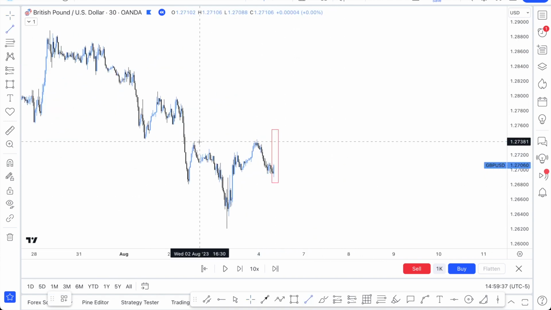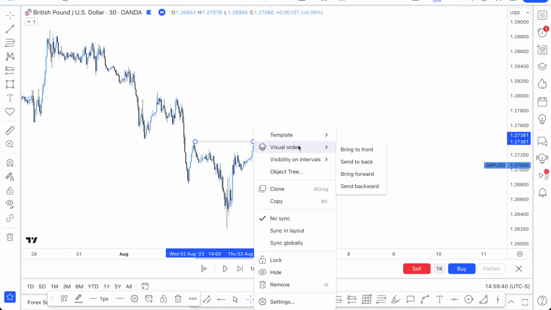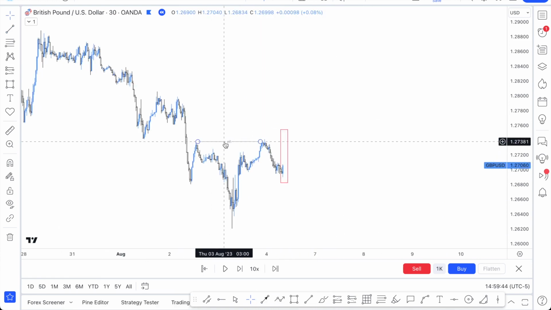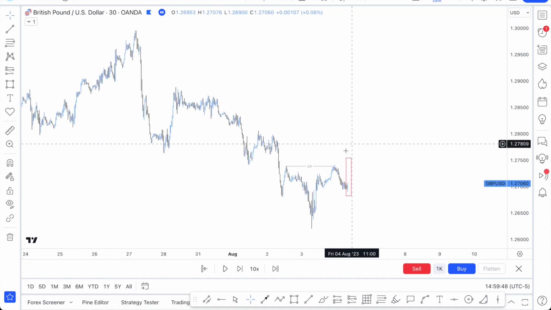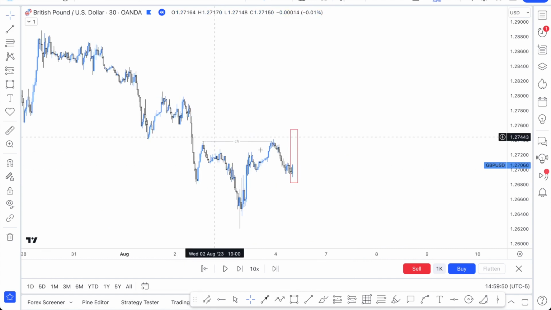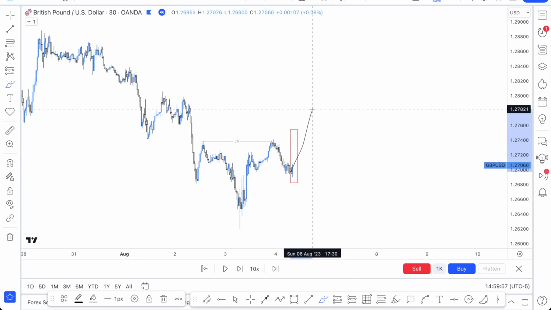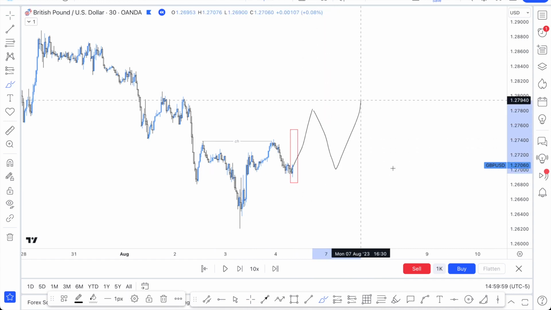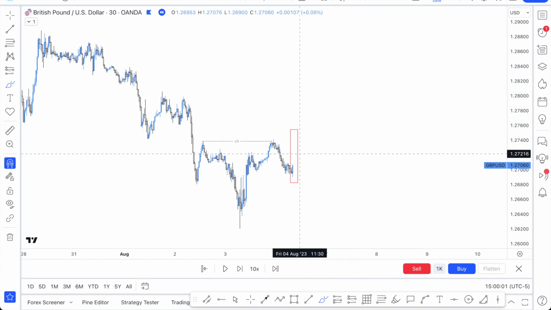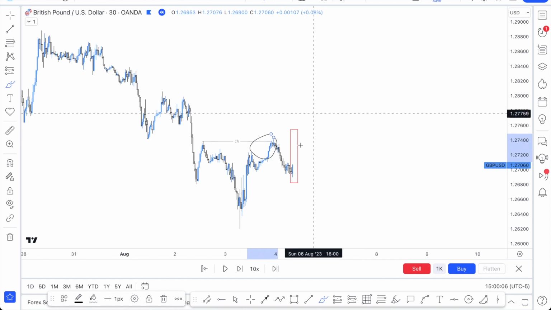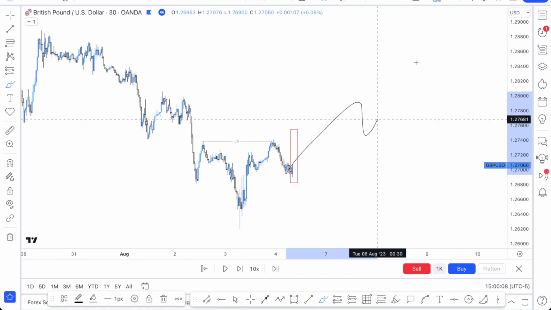Okay, so now we see that we have a small break above right there. There's your CHoCH, right? Because it did take out the high right there. Now, not every break of structure is going to be a CHoCH, anticipating that price should start reversing bullish like this, because not every first break of structure going the opposite way means that price is going to go the other way, right?